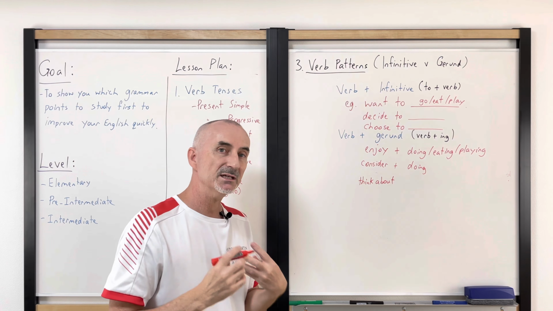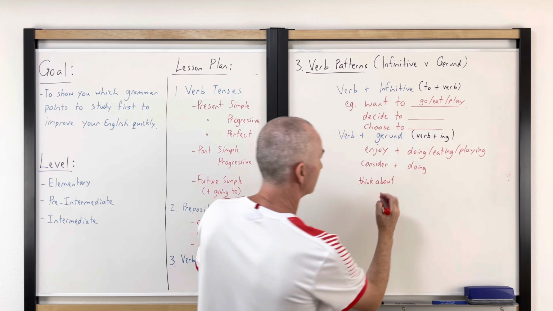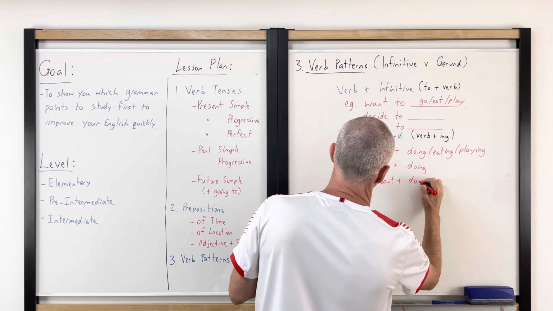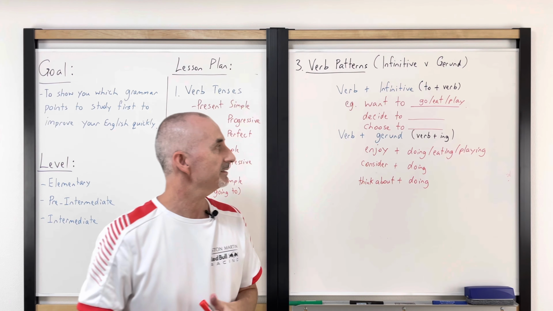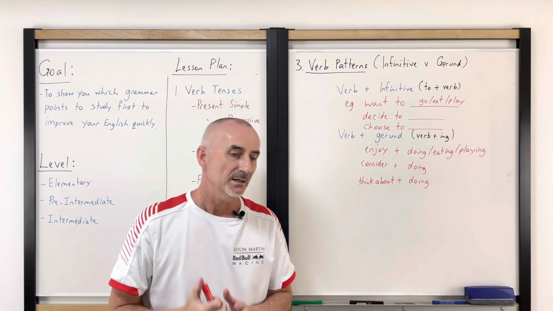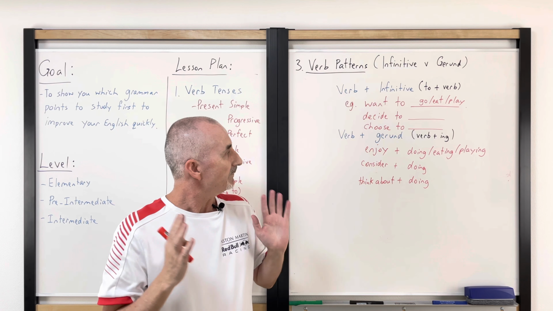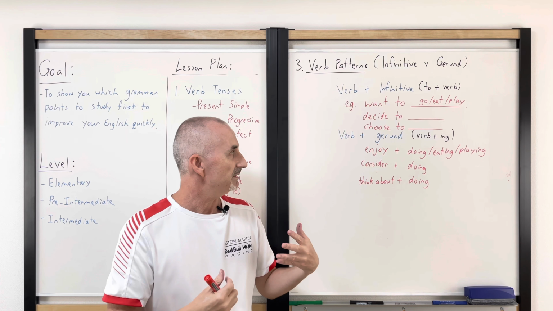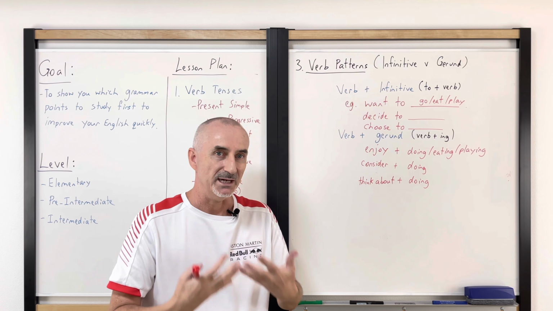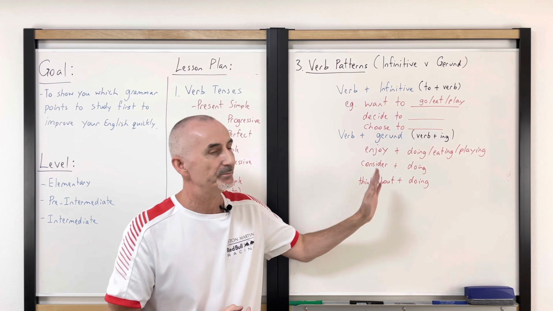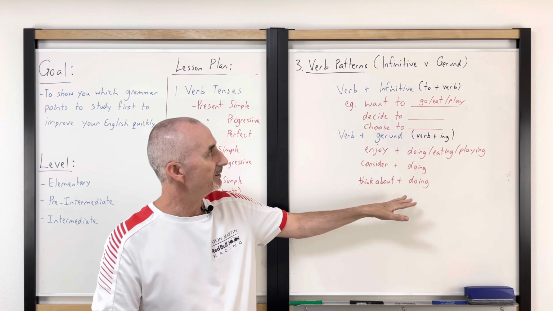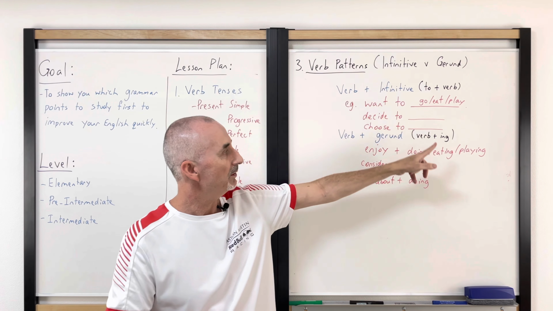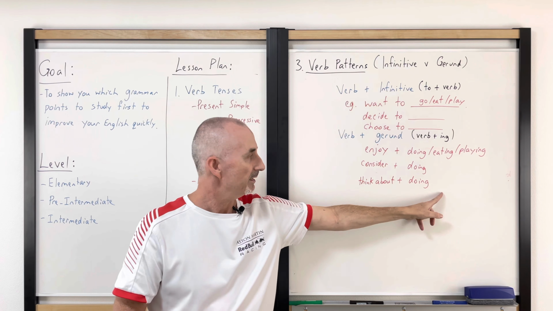I am thinking about changing my job. So it has the same pattern. Okay, so find a list of 50, 60 common daily verbs and learn their patterns. Learn their patterns. Do they take the infinitive or do they take the gerund?